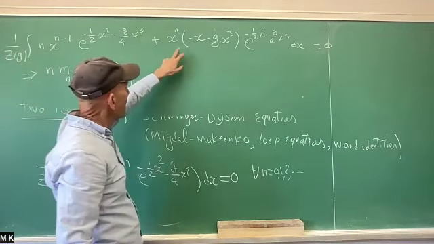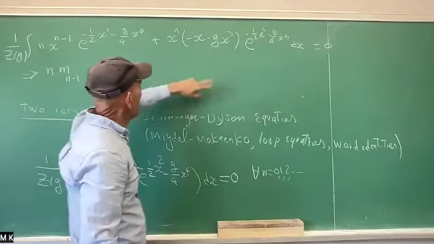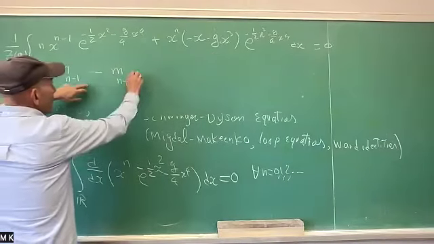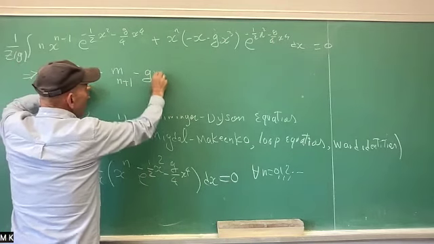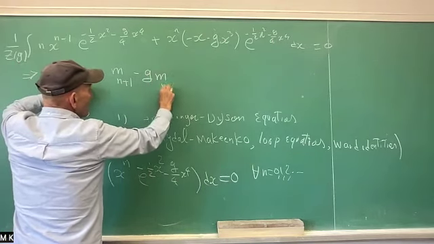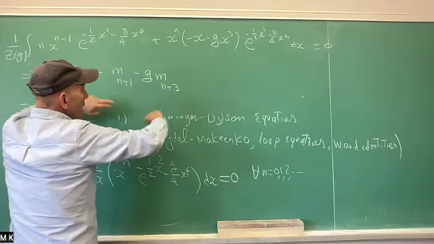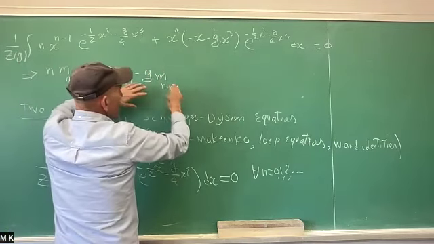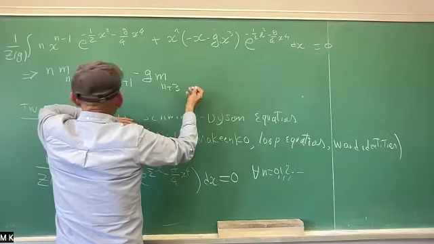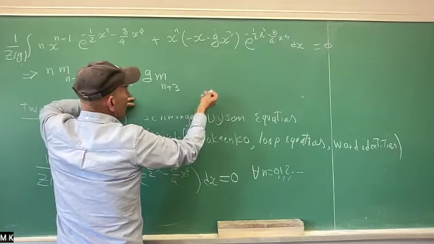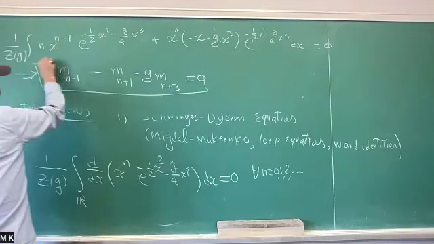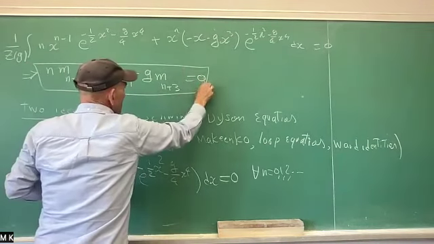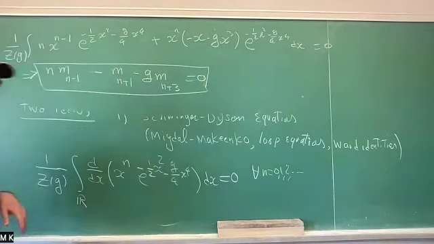And then this term is minus g times n plus 3 x, so m n plus 3, basically I'm getting equal to 0, right? Okay.